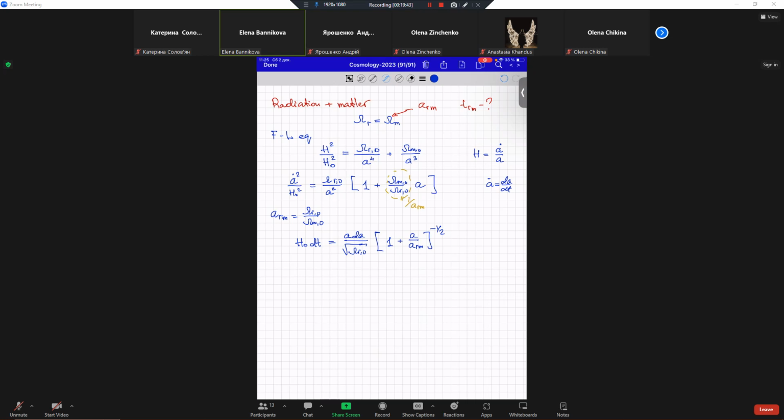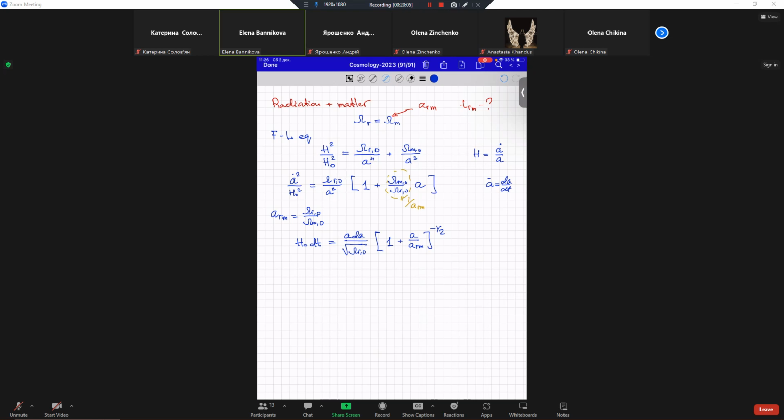So on the right side we need to take the integration. This is a table integral, and you can find it.